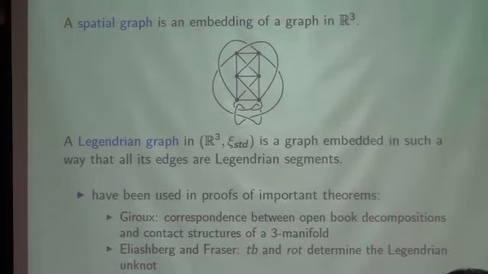Also, the work by Eliashberg and Fraser showing that the Thurston-Bennequin number and the rotation number determine the Legendrian unknot also uses Legendrian graphs. So people have used these as a tool in contact topology for a while, but no one has actually studied them in their own right. So we're working on laying the basis here to be able to look at them more carefully and then use them as a stronger tool. That's the plan.